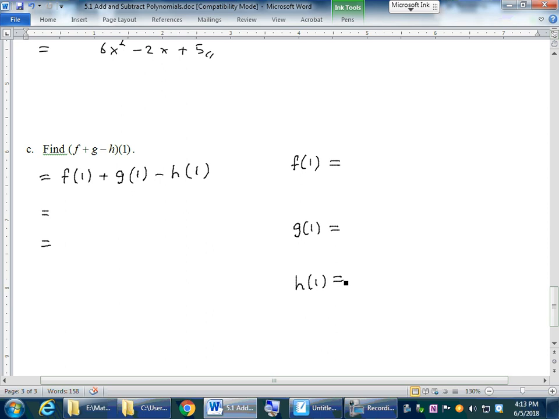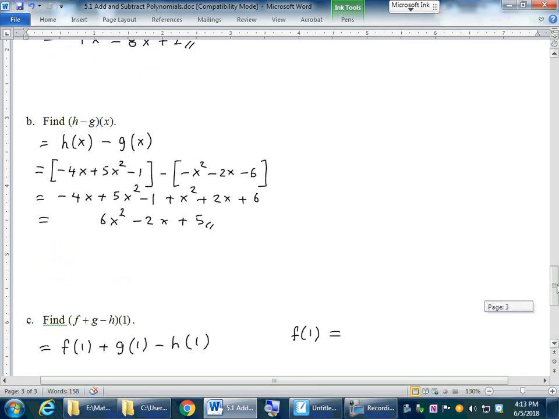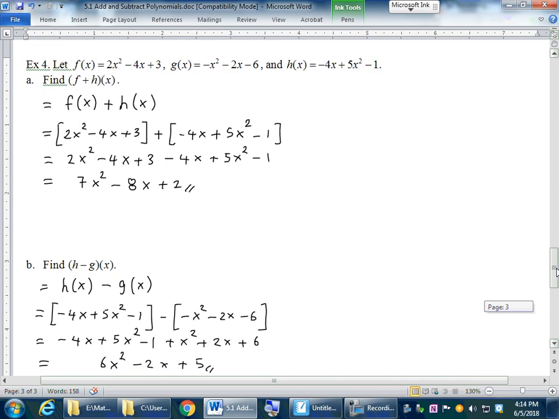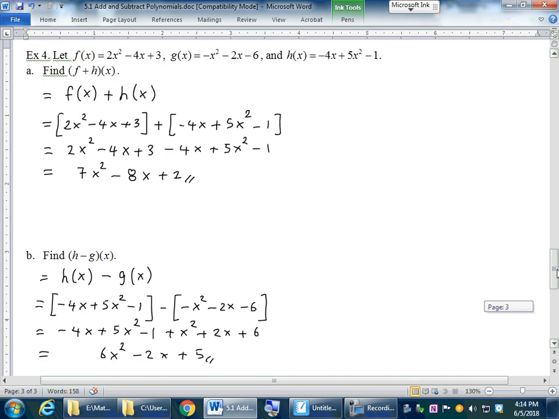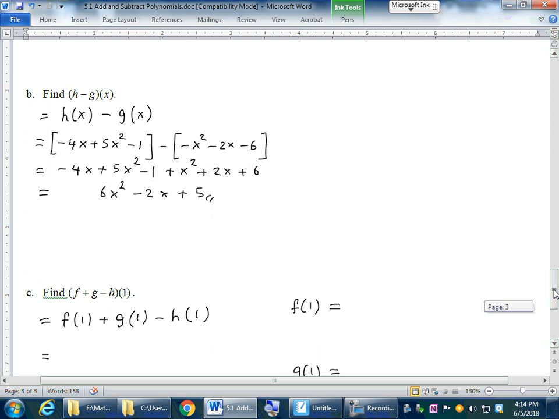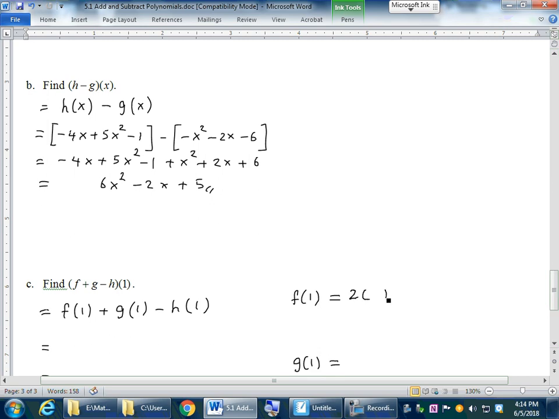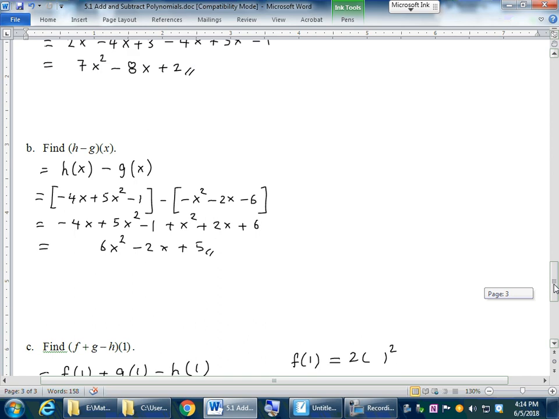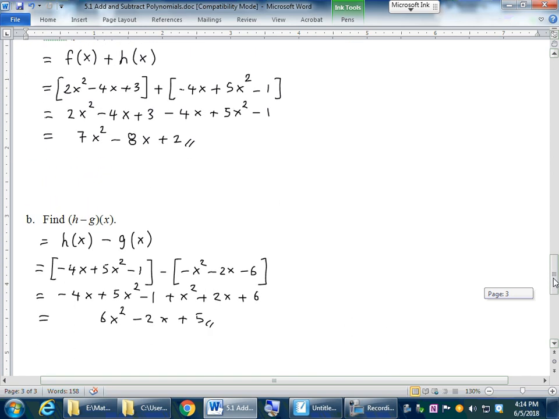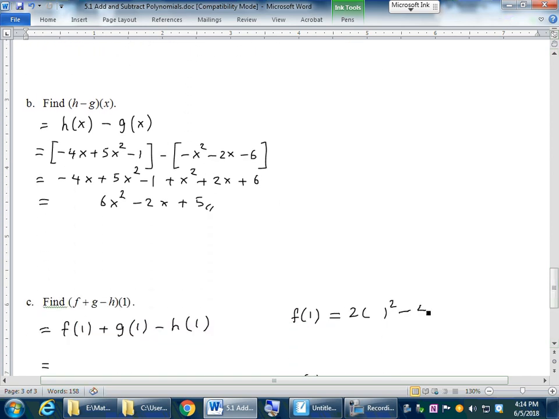So plug it into the f function. So let's go back and then look at f functions. That is what? 2x squared minus 4x plus 3. So that will be 2 times input square, right? Minus 4 times input plus 3.